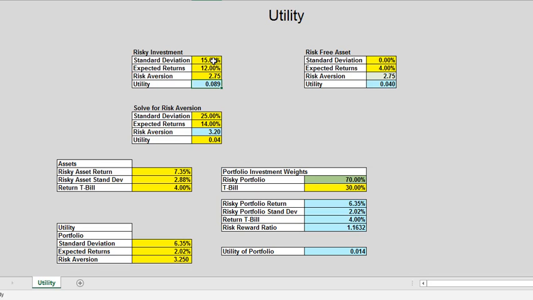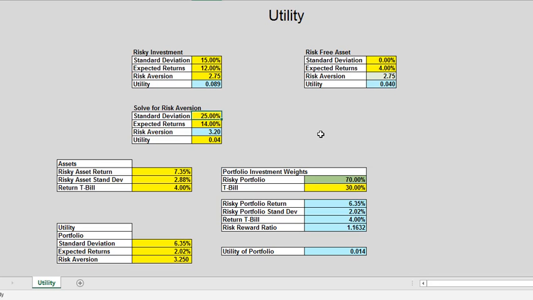So what this calculation tells us is that for this particular asset, I would have a utility of 0.089. And again, remember, this is just a measurement of the benefit that I expect to receive from this particular investment, if you will.